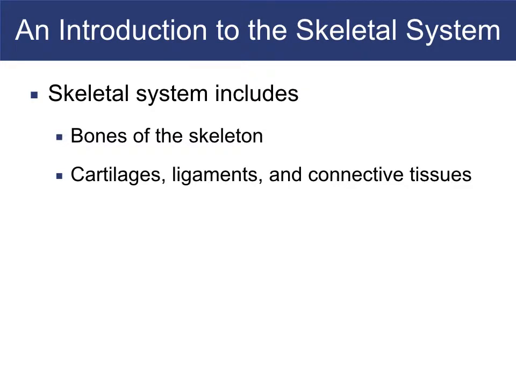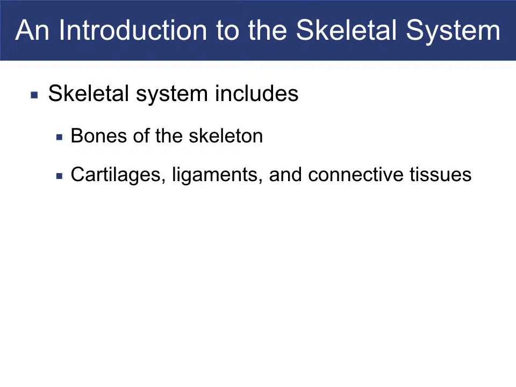The skeletal system, which is what we're talking about, includes just a few things. It just includes the bones. There's 206 of them, I think. I don't care about numbers. It also includes the cartilages, ligaments, and the connective tissues. Before we get to the end of this chapter, we will discuss the joints, the articulations.